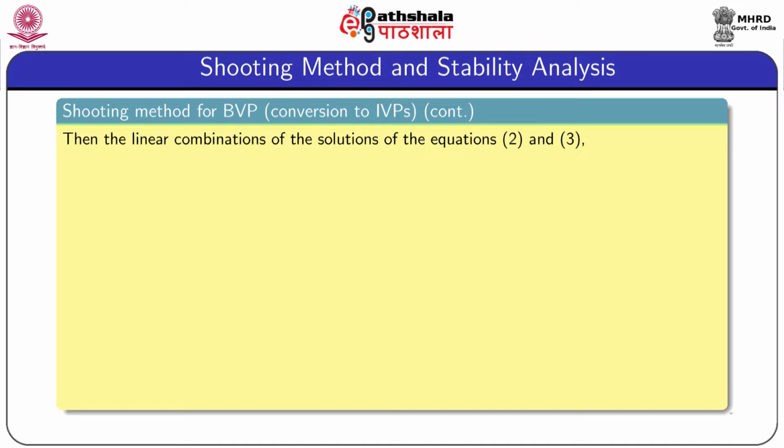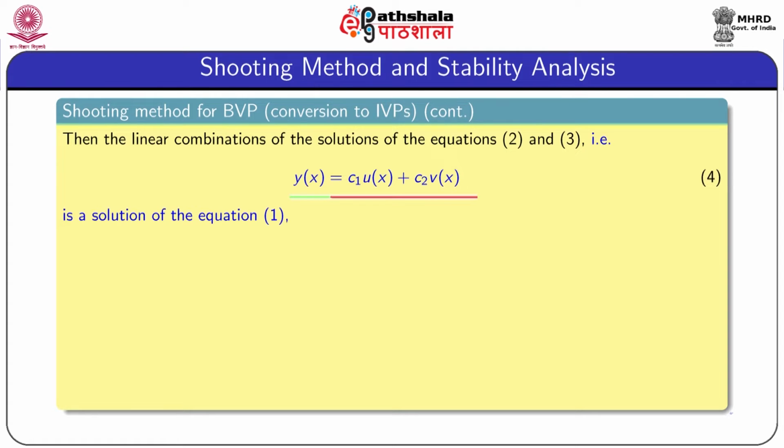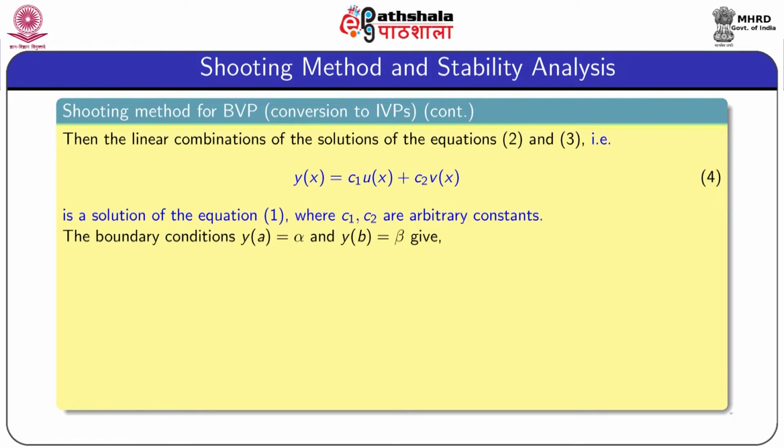The linear combination of the solutions of equations 2 and 3, that is y(x) equal to c1 u(x) plus c2 v(x), is the solution of the given boundary value problem, where c1 and c2 are arbitrary constants, and the values of these constants are obtained by the boundary conditions y(a) equal to alpha and y(b) equal to beta.